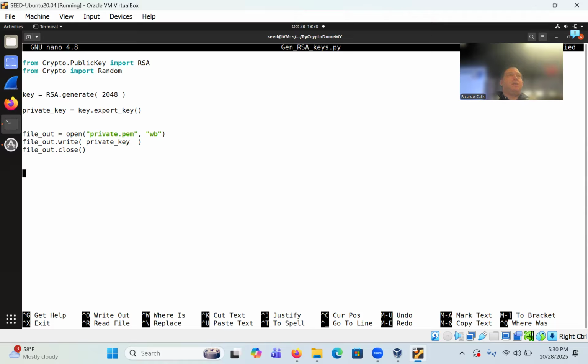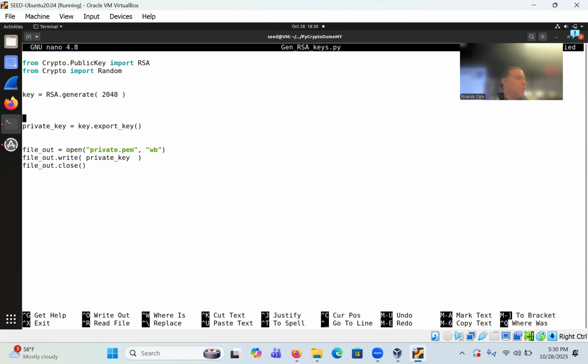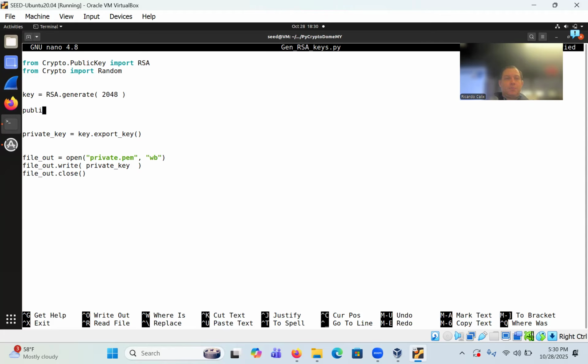We just repeat then the same thing for public. So over here, the way that this works is like this. You do public key, and that comes from key dot public key, like that.